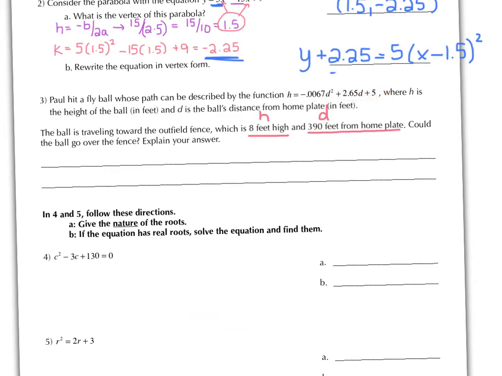So that's what I'm going to do, is I'm going to plug the 390 in place of D here and here. Okay, so here's what I'm going to do. I'm going to say H equals negative 0.0067 times 390 squared, oh sorry, I forgot that square, plus 2.65 times 390 plus 5.